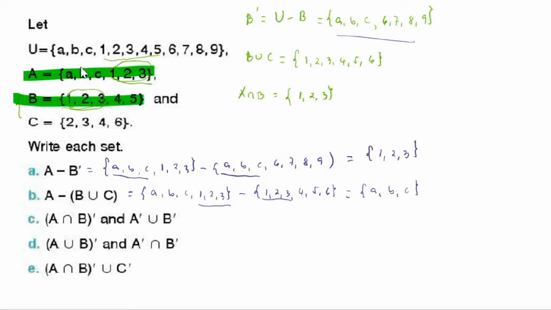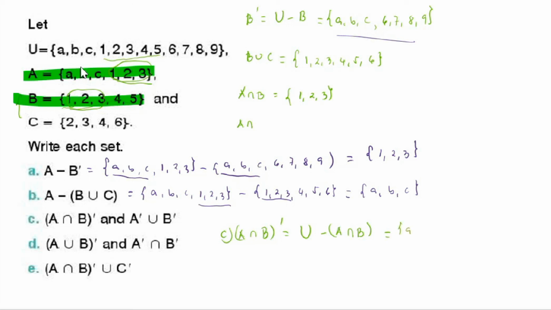So to solve for the complement of that, for letter C, I will write the complement of A intersection B, whose formula will be the universal set minus A intersection B. So we have the universal set A, B, C, then 1 up to 9.